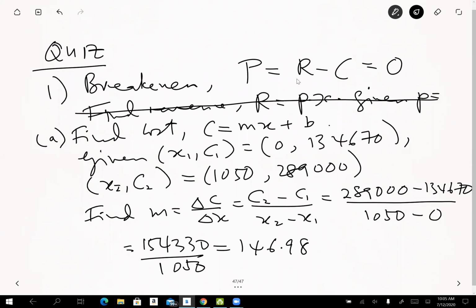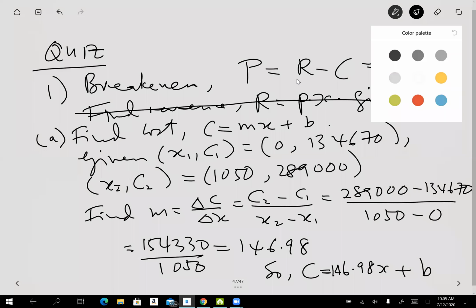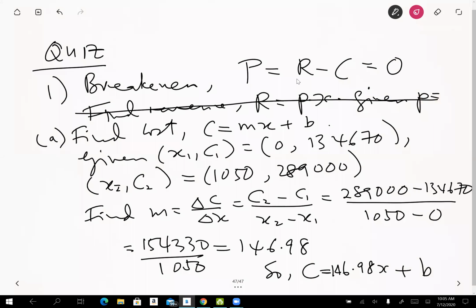Okay. So what you have now is 146.98 x plus B. Now what you do, there are a few people who don't find M. I don't know how you do it, but you find X. You got X equal to, I don't know, you find the average variable cost, and then you got X equal to 146.98.